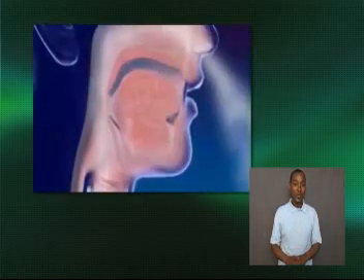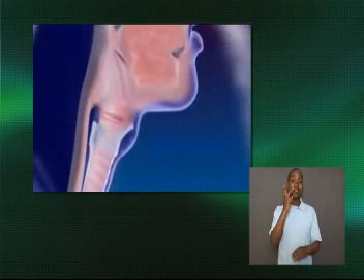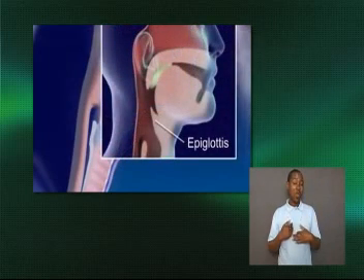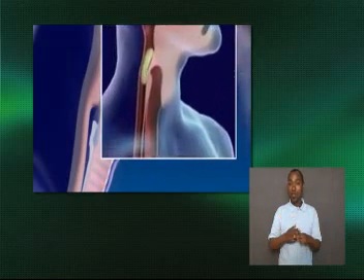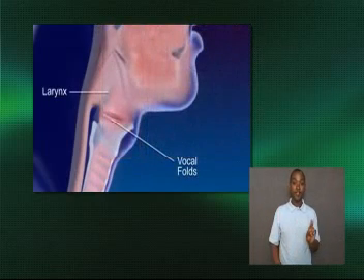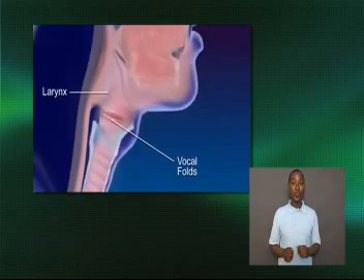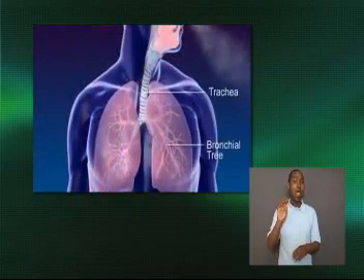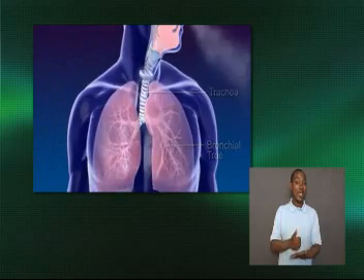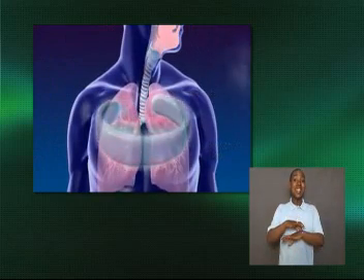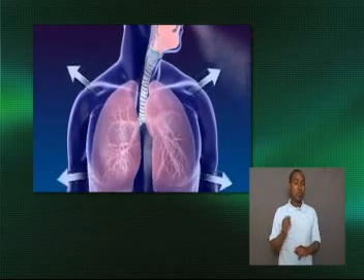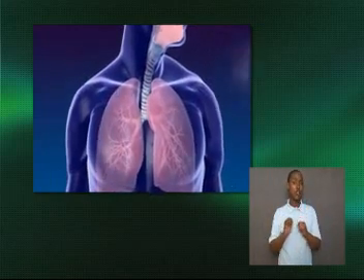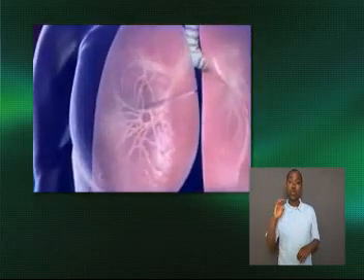The trachea is split into two tubes called bronchi. There is a left bronchus and right bronchus, and each leads into a lung. Like the trachea, the bronchi are also supported by a ring of cartilage. The bronchi divide into smaller tubes called bronchioles inside the lung.